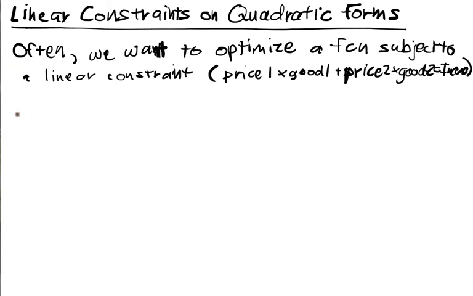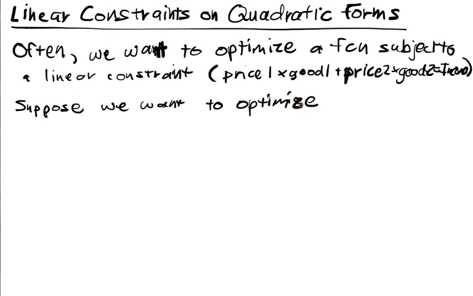So let's suppose we want to optimize q of x1 x2. So we're going to start with two variables and one constraint.